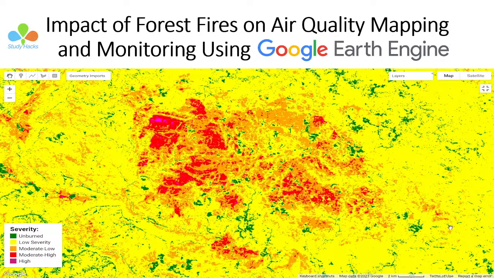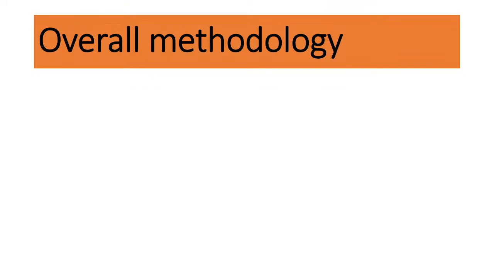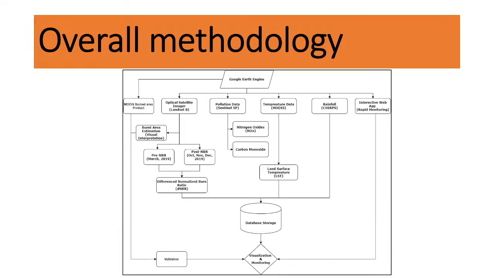Okay, so let's go. First of all, the overall methodology: we are using the Google Earth Engine platform, and mainly we can easily get the burn area using different types of ratios or spectral indices, such as NBR, the normalized burn ratio.